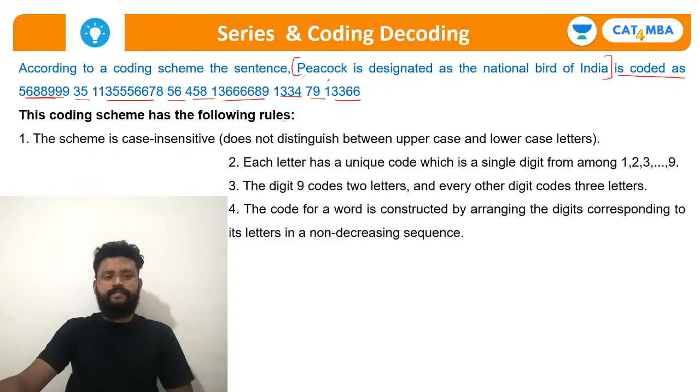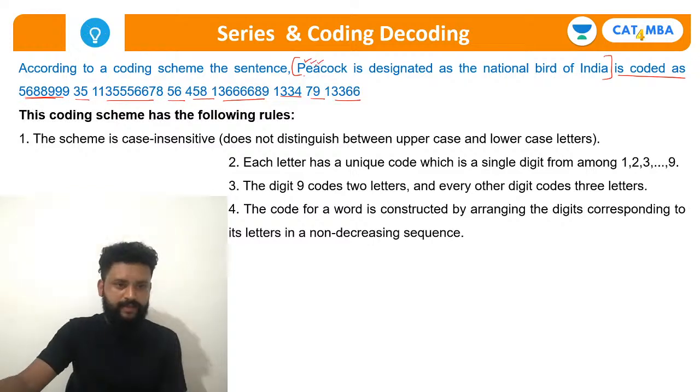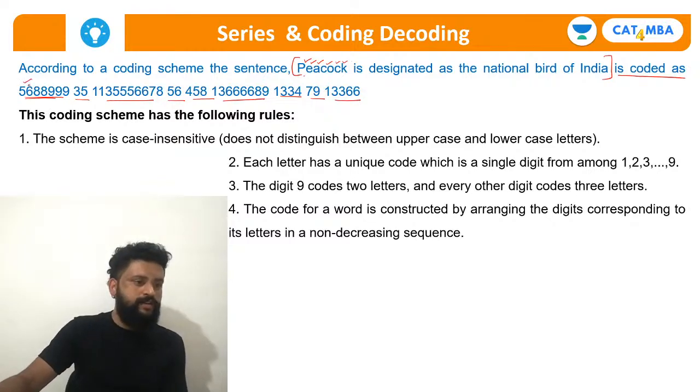Are you getting this? If you count the letters, that will perfectly match. You can easily make out that thing. So here 7, 1, 2, 3, 4, 5, 6, 7. So now look at the numbers 1, 2, 3, 4, 5, 6, 7.